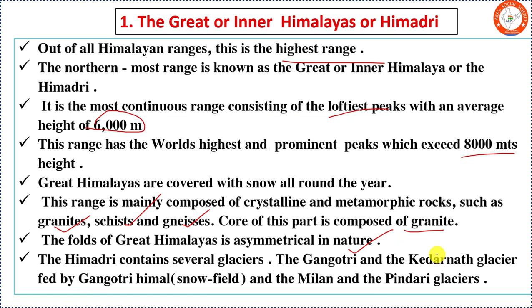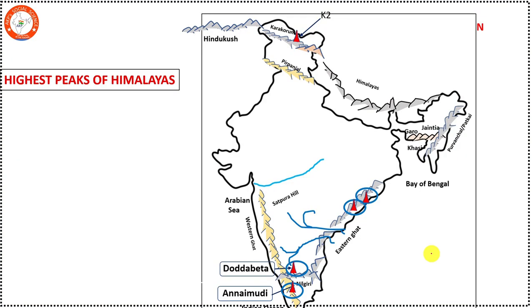There are a number of passes between the Himalayan ranges. Karakoram Pass lies in Kashmir, Shipki La Pass lies in Himachal Pradesh, Nathu La Pass connects Sikkim with Lhasa, and Bomdila Pass and Zoji La Pass are some prominent passes in the Himalayas.